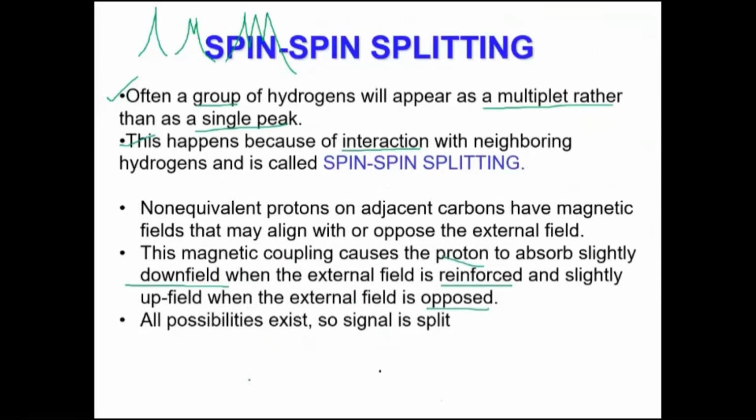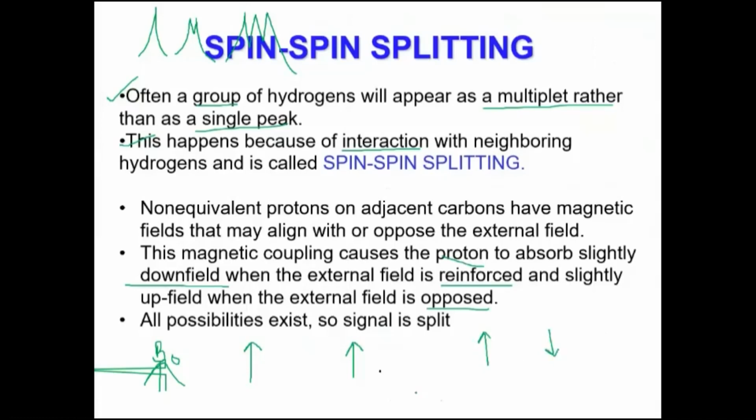Now, suppose there are two protons on adjacent carbons. They are each other's neighbor. When the external magnetic field B0 is applied, there are two possibilities. Both of them will have the same spin, or they may have the opposite spin.